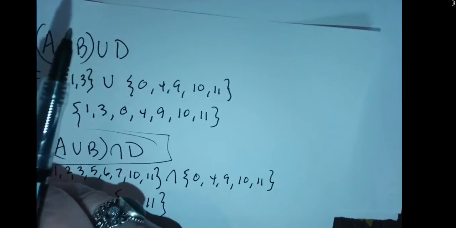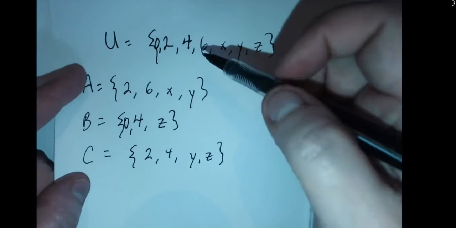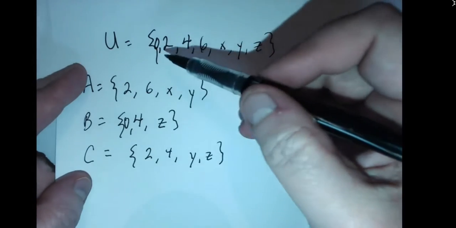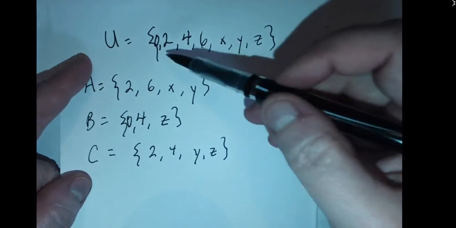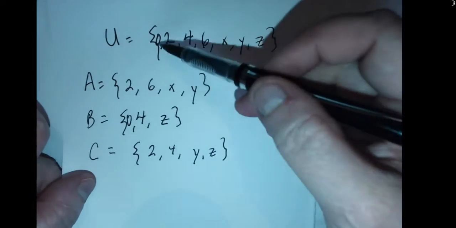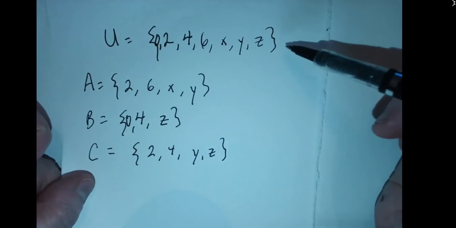Now, what does the complement mean? To talk about complement, you have to have a universal set. A universal set is, well, the way it sounds, and it's usually denoted with a capital U. This is the universe of elements that you're allowed to have.